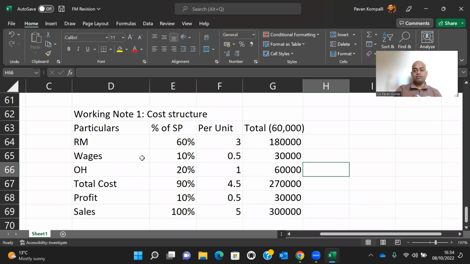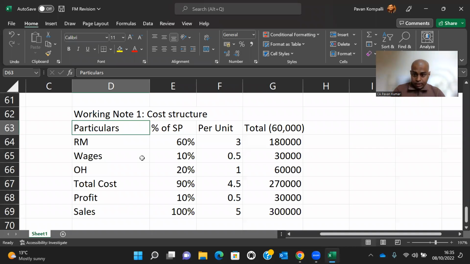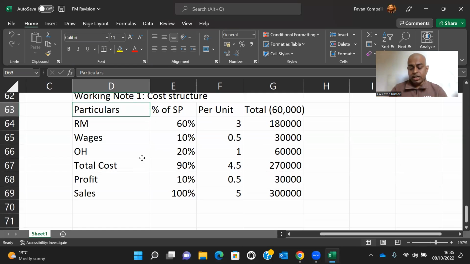So this is your working note 1. Okay. Now I'll write something on the board. You have to tell what it is.